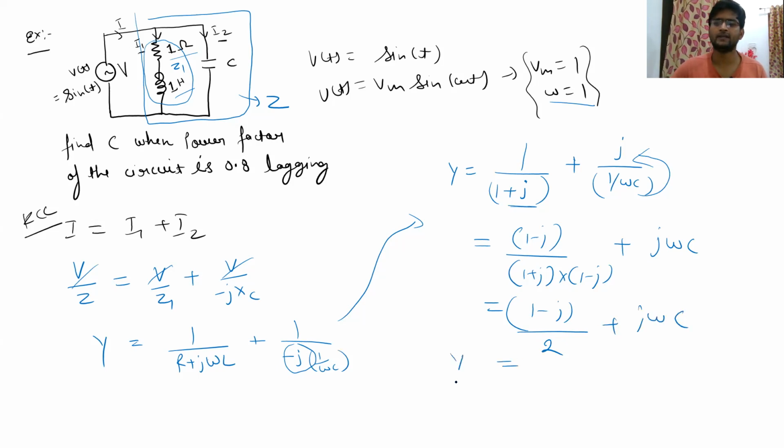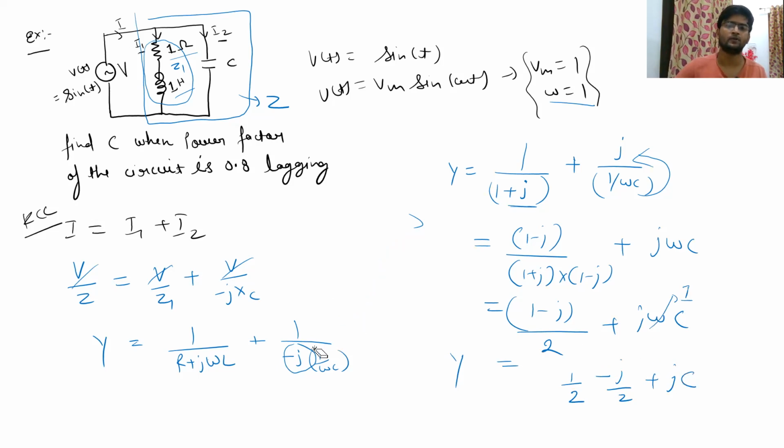So what will we finally get? We will get y is equal to 1 by 2 minus j by 2 plus j, and since omega is equal to 1, I am directly going to write it as c.